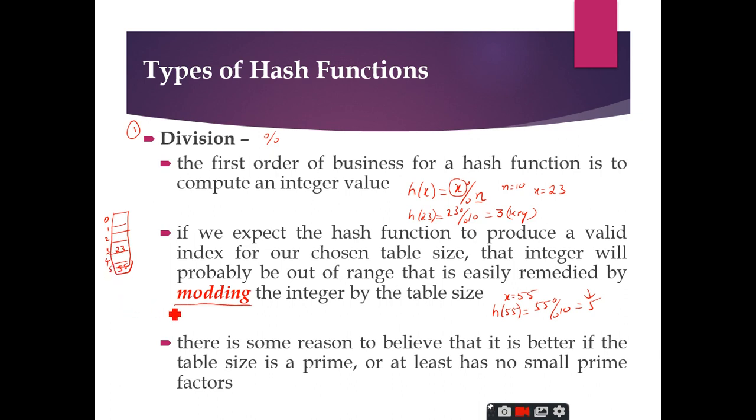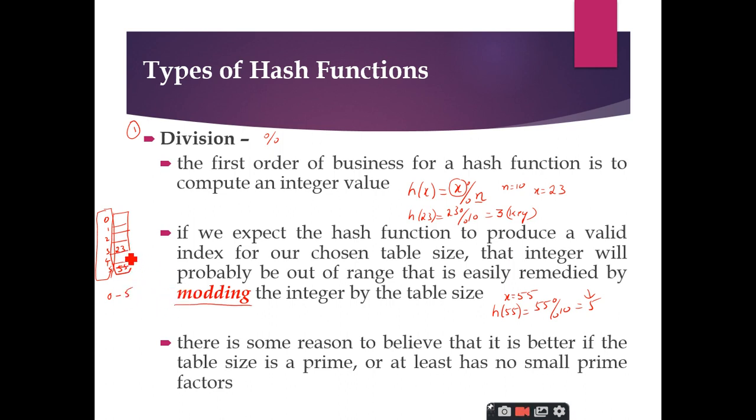And one more important point regarding this modding is, as I told, that this particular modding function is used to map the arbitrary data set of values to a fixed set of indices. So I have a fixed set of indices where my index set here is ranging from 0 to 5.